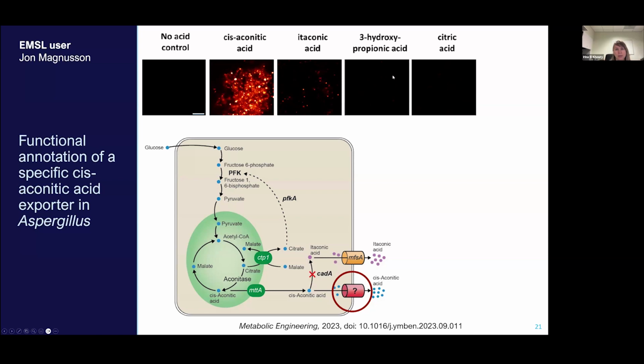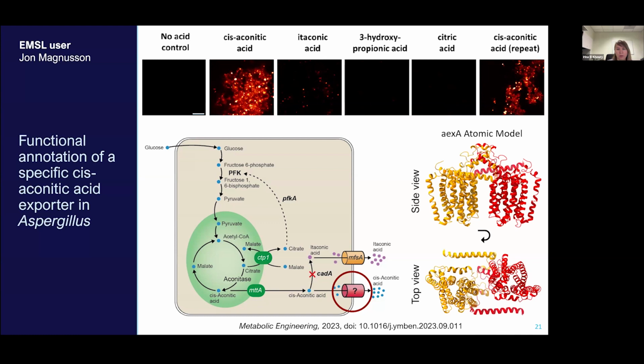3-hydroxypropionic acid and citric acid, and as you can see, the transport is basically non-existent. And to make sure this is not due to a loss of fluorophore efficiency over time, we again repeated these experiments with aconitic acid, and we saw the transport again.